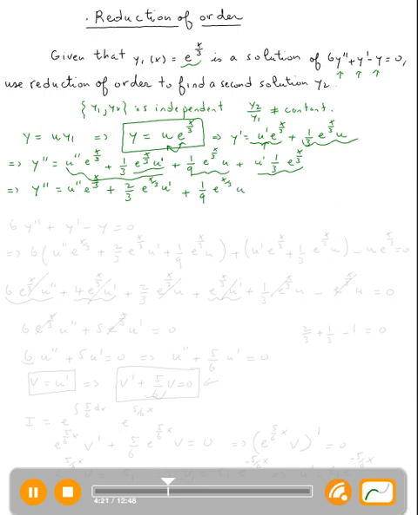Now let's plug everything into the equation. Let me rewrite it: 6y double prime plus y prime minus y is equal to 0.